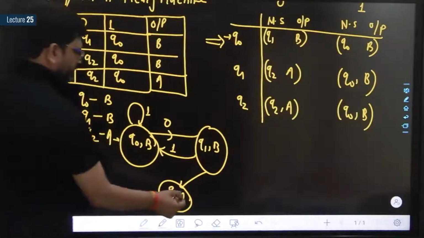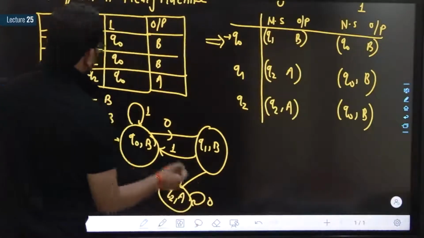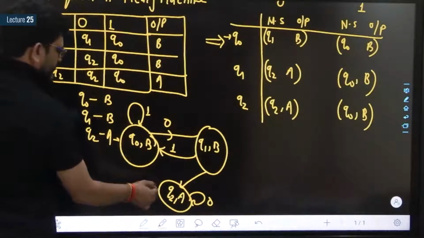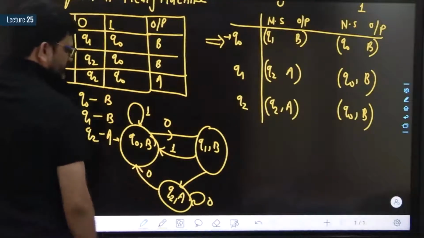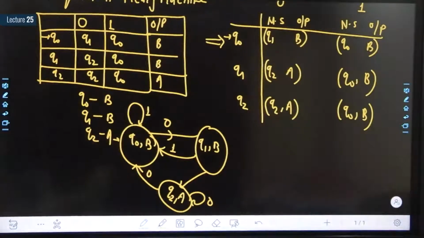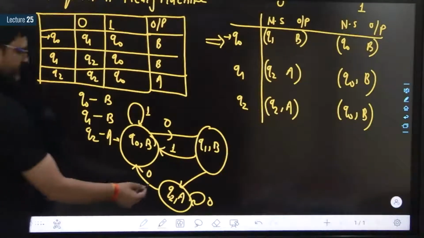Q2 on 0, Q2. Q2 on 1, Q0. Sorry, this one is 1.